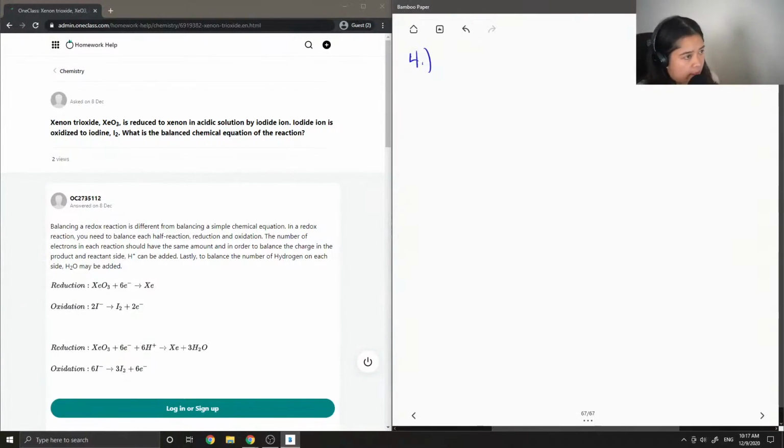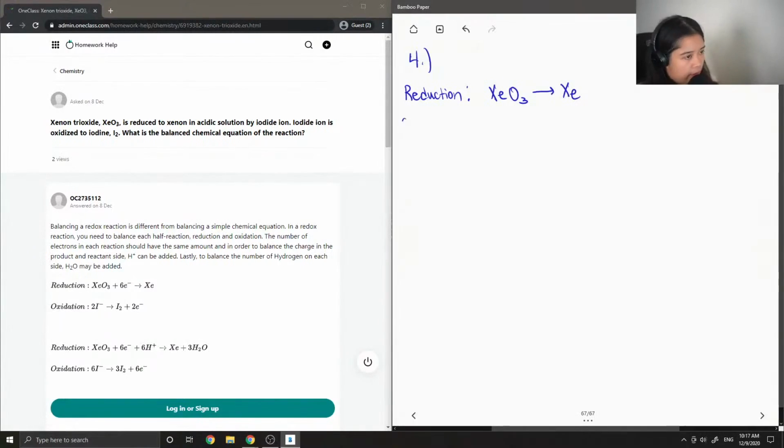So let's write down what they give us in the question. For our reduction reaction, we have xenon trioxide that gets reduced to xenon.